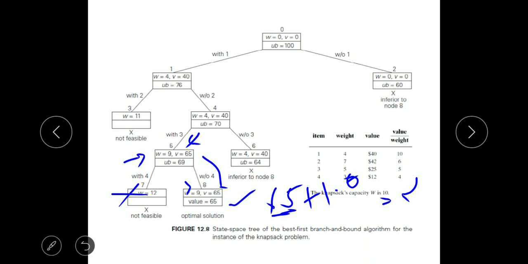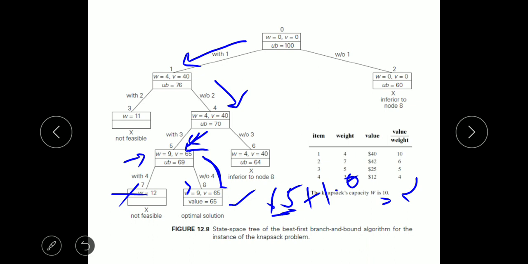So therefore the optimal solution, or the final solution vector, now has item 1 in it, right? And followed by it, our optimal solution vector has item 1 in it, and then we traverse the side, but we have not included item 2 in it, and then we have item 3 included in it.